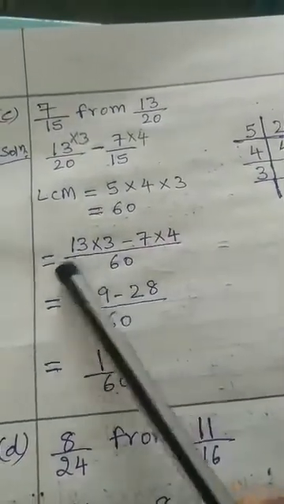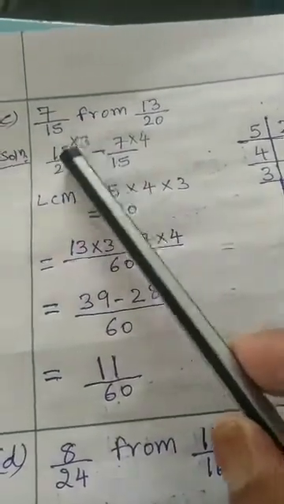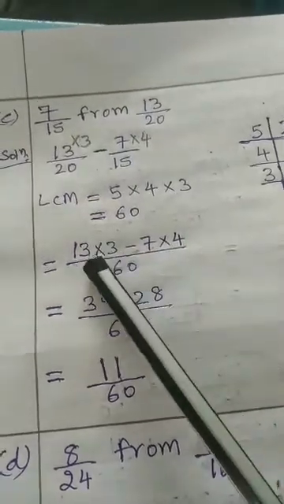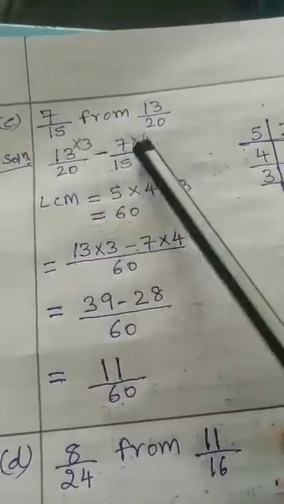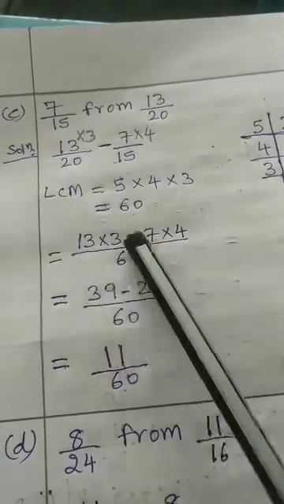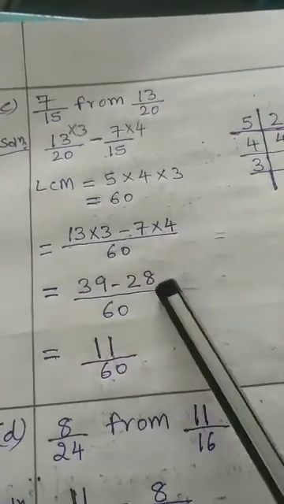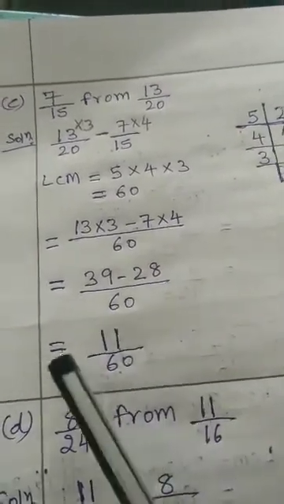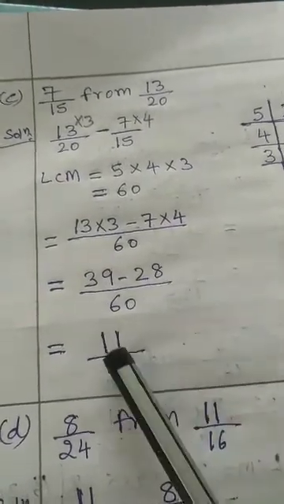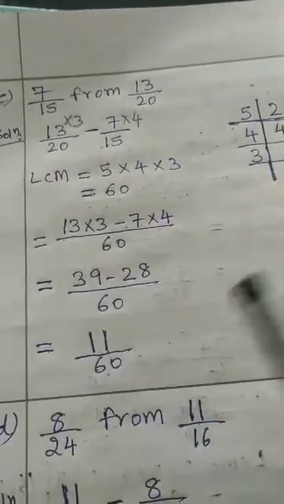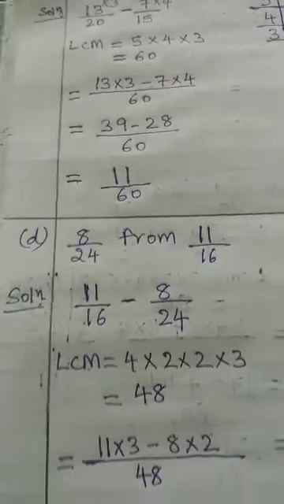Afterwards, next step what you have to do? You have to multiply the numerators. 13 into 3 minus 7 into 4. 13 3s are 39 minus 7 4s are 28 by 60, is equal to 39 minus 28 is 11. 11 by 60. This is the answer.